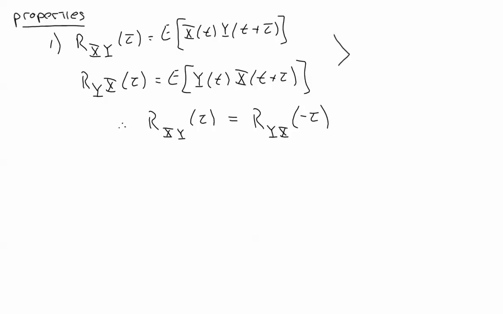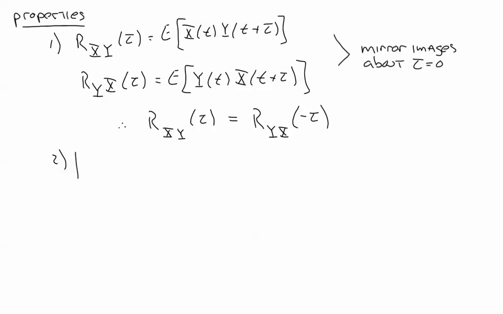They are mirror images of one another around the tau equals 0 axis. Okay, they're mirror images of one another about tau equals 0. That's the first property.